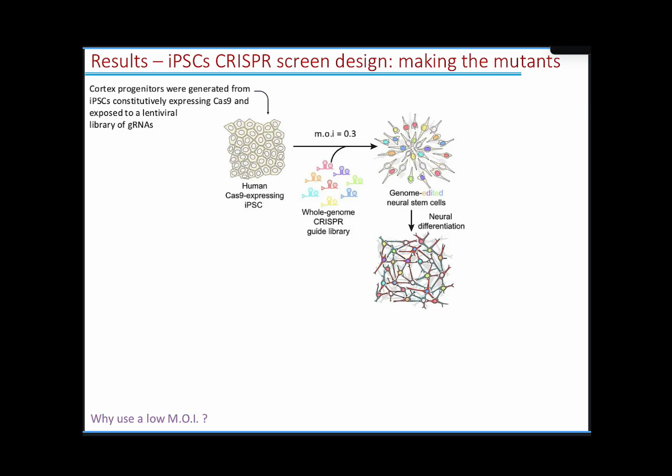So here they start off with a culture of human Cas9 expressing cells. So they're shown here as a culture of cells that are not nothing yet, right? And why is it important that they express Cas9?